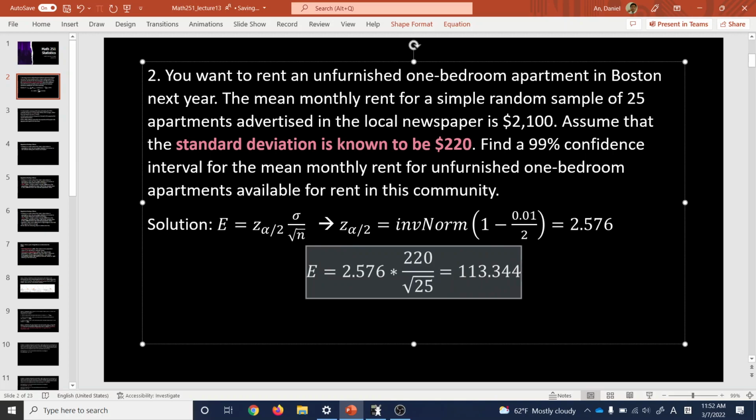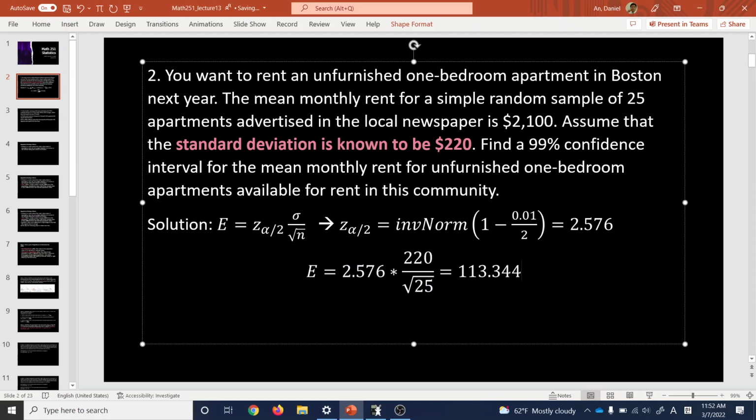If we were to use the t-distribution, what happens? If the wording was that the sample standard deviation is 220, then you have to use an inverse t-distribution.